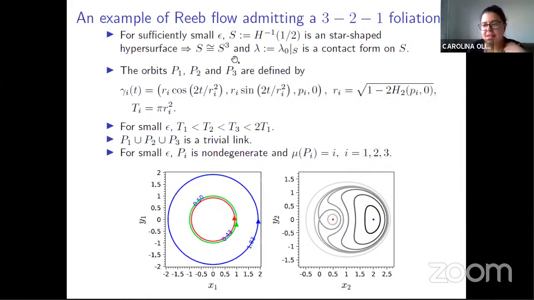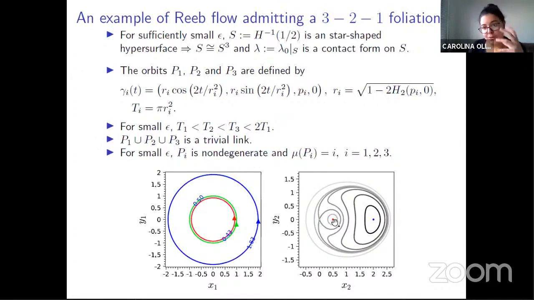So, as I said in the beginning of the talk, this Hamiltonian flow restricted to this energy level will be equivalent to a tight Reeb flow on S3. So we can apply our results to this. Our candidates to binding orbits will be these 3 orbits defined like this.